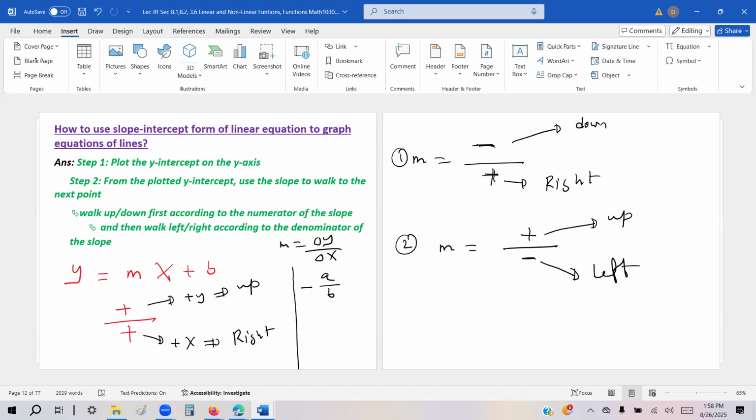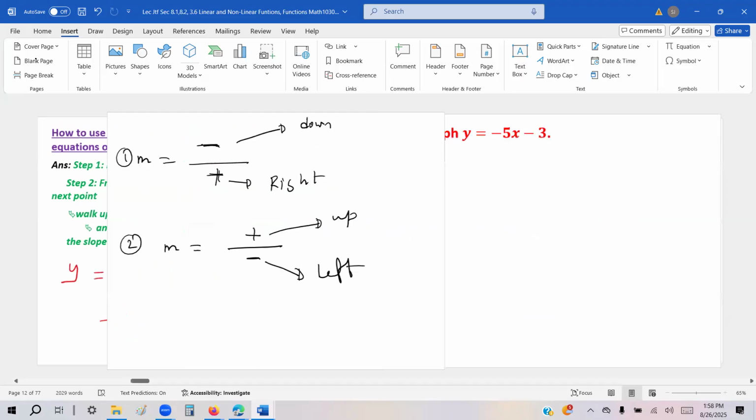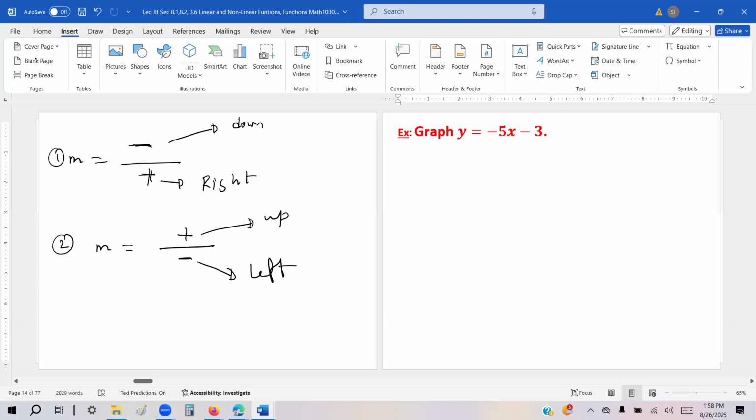If you forget, try to relate that with the slope formula. It's y over x. So whatever we have on the top represents y. Plus y means up, minus y means down. Whatever we have on the denominator means x. So negative means left, positive means right. And now using this knowledge, without doing any type of math, we are going to draw this graph.